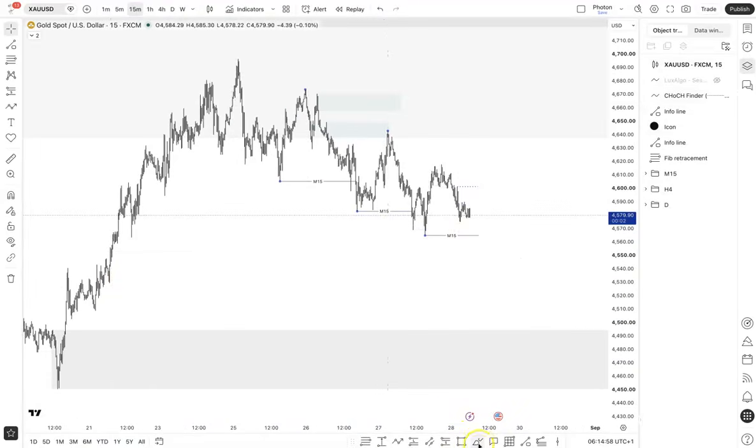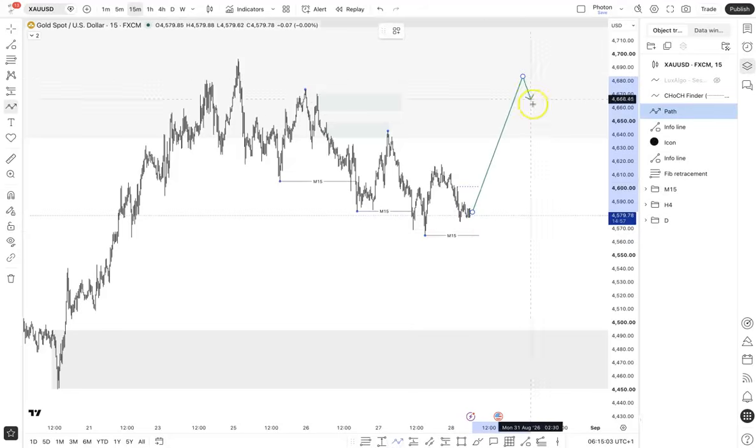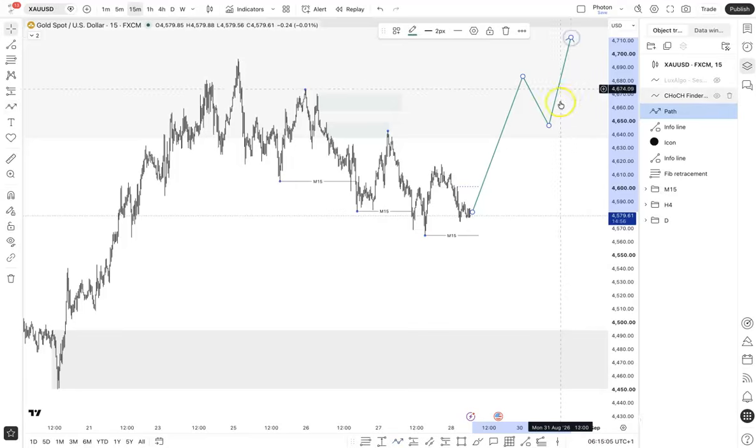Of course, there is absolutely no guarantee that this happens, and we might just go absolutely ballistic here and go screaming up. When that happens, we obviously look at, okay, there's a break in structure happening over here. Why did that break in structure happen?